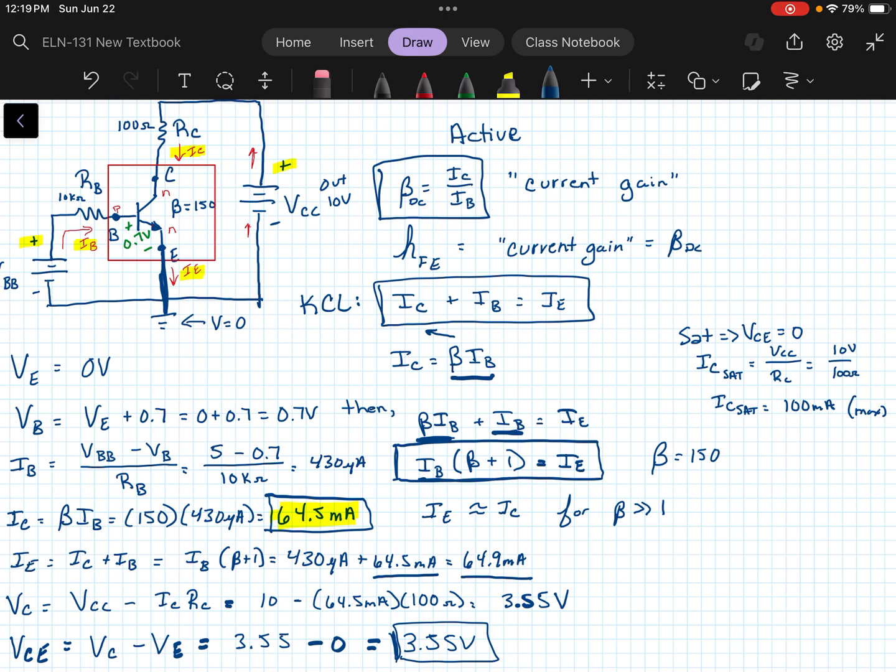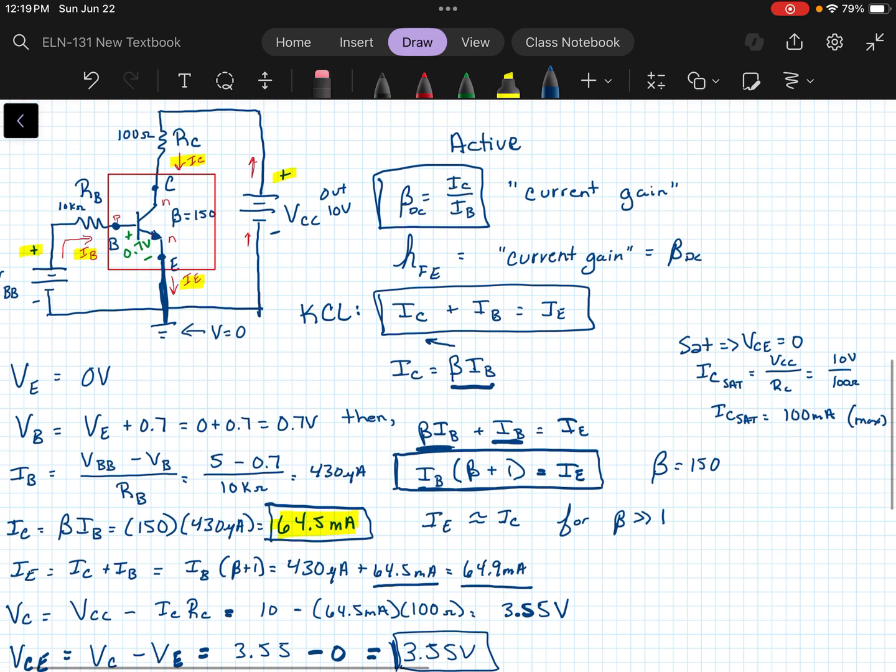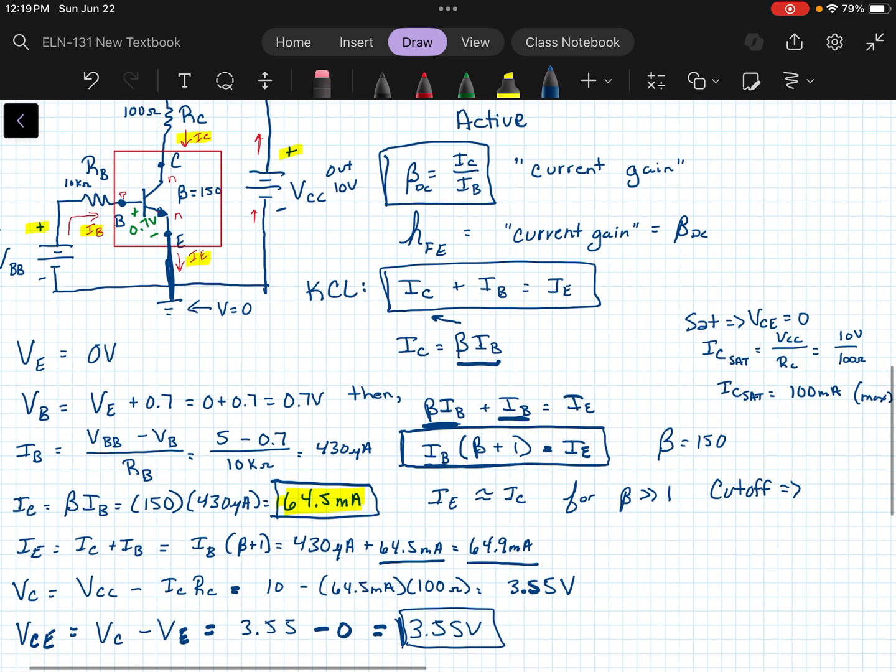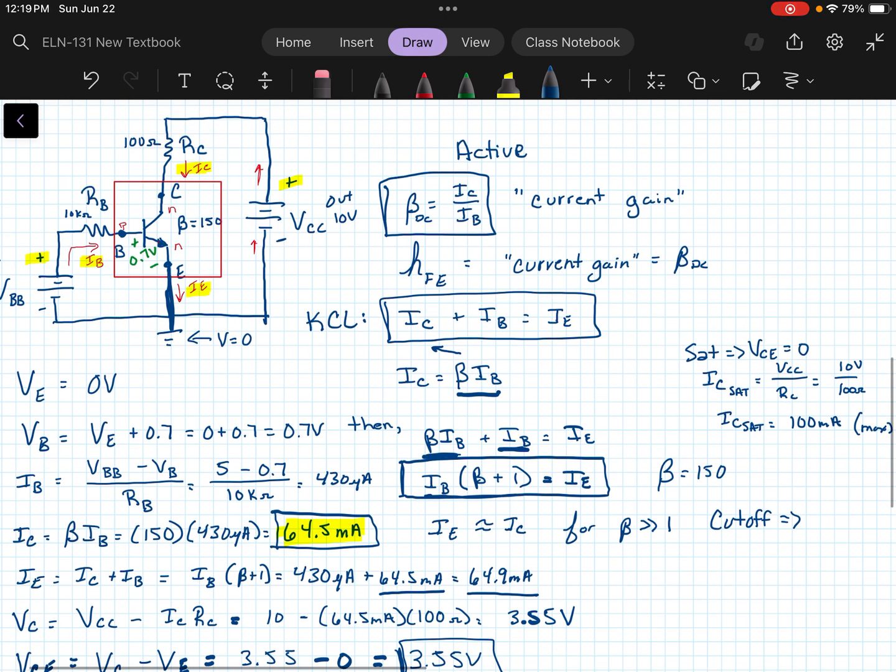Okay, so what about cutoff? Cutoff would be whenever IB is 0, but what would that make our VCE? Well, cutoff basically means the transistor is open and not working, or off if you want to think of it as a switch.